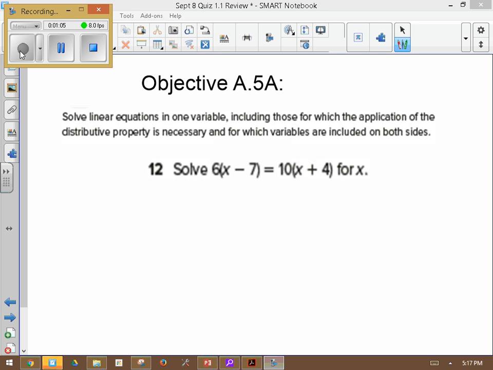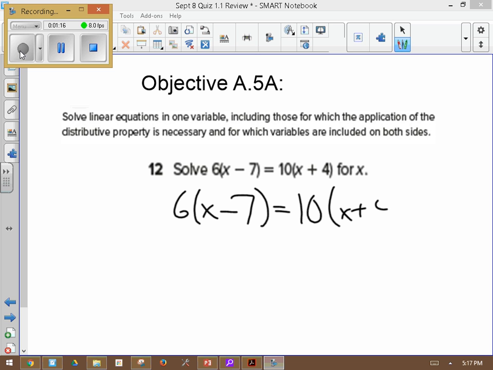First of all, let's expand. I like to rewrite the problem just to make it a little bigger. It also helps me to read it. All right. So first, let's take care of the distributive property. 6 times the quantity x minus 7 is 6x minus 6 times 7, which is 42.